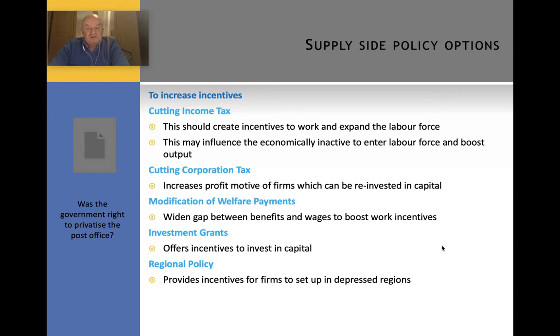So regional policy is designed to re-energize depressed regions in different parts of the country. And then there are also subsidies, so creating incentives for firms to produce more. If you offer a subsidy, essentially you're offering an incentive for firms to produce more.